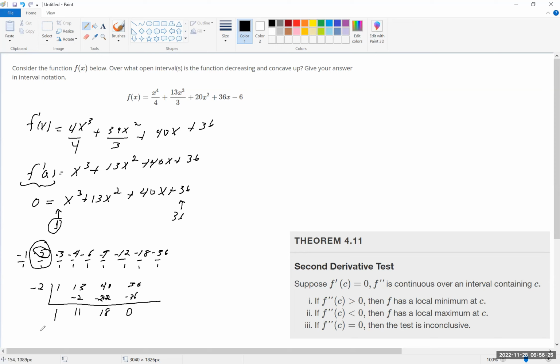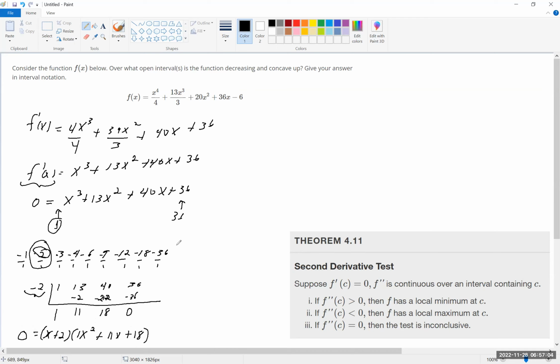Actually, we'll do this because we're going to have to do the process one more time. So we have x plus 2, since this is a 0, and then we're left with 1x squared plus 11x plus 18 equals 0.